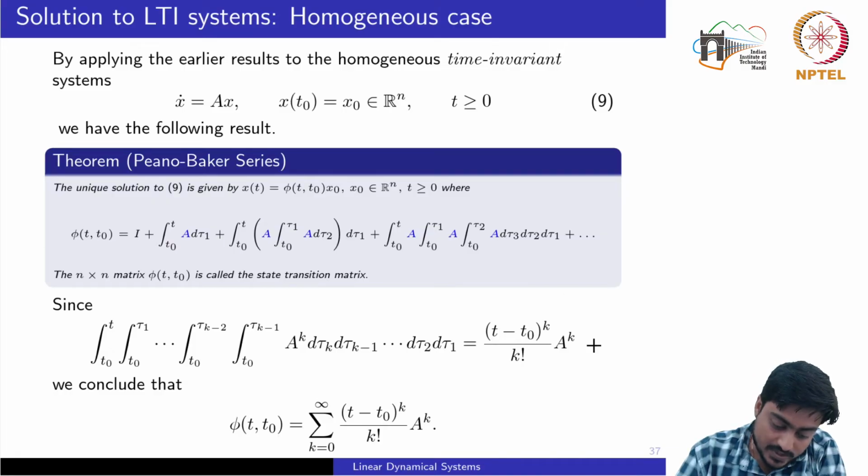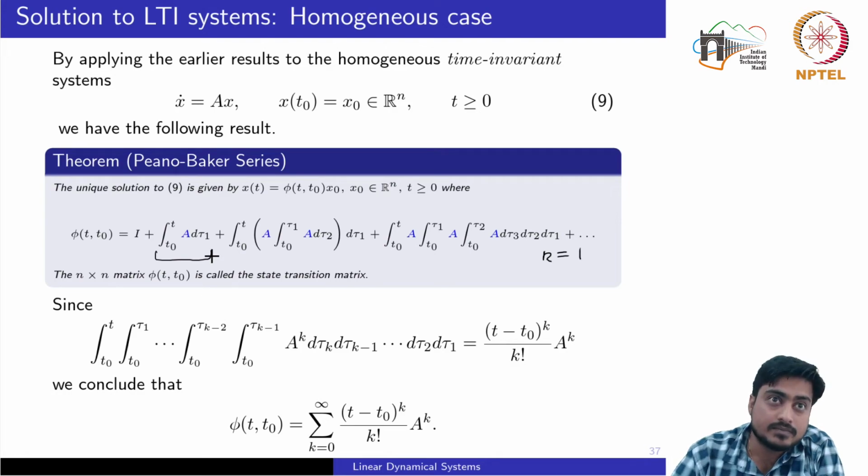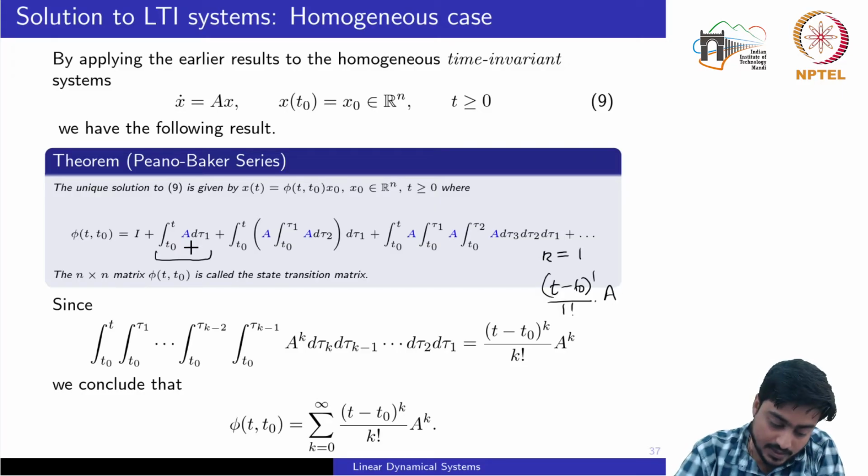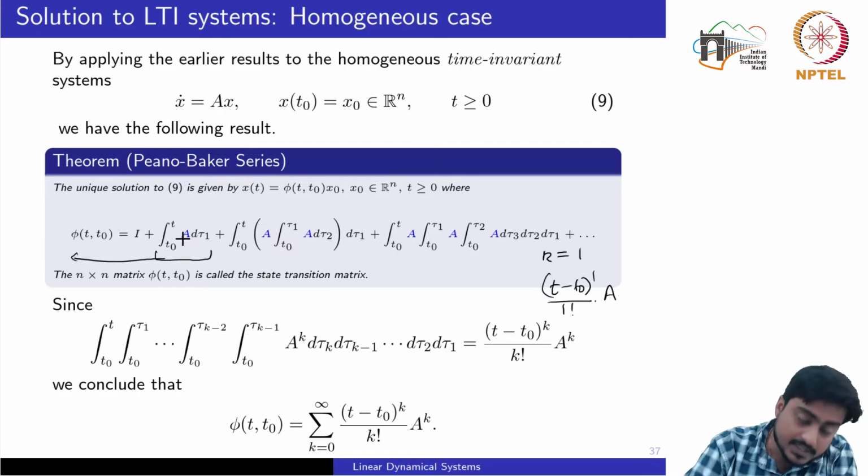We can take one specific case. Let's say we consider k is equal to 1, just to better understand the kth term. So k is equal to 1 is basically this term. If I put k is equal to 1, the solution would be t minus t naught to the power 1 over 1 factorial into A. Now notice this part: since A is a constant matrix, I can take it outside the integral.